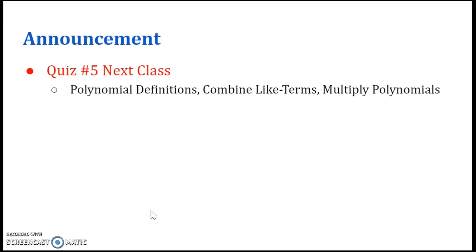So make sure you fully understand the different terminology, definitions, and how they are used as well as combining like terms and multiplying polynomials. That means you need to be very comfortable with homework number 20. Actually, this should be 26 and 27. Homework number 26 and 27 you should be very comfortable with.